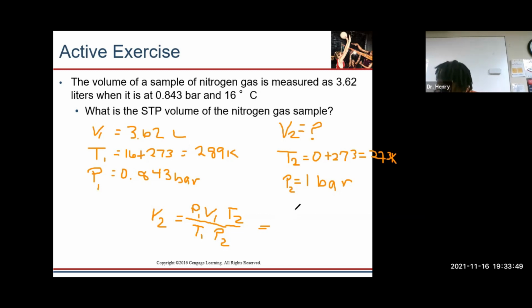So P1, 0.843 bars. V1, 3.62 liters. And T2 is 273 Kelvin.